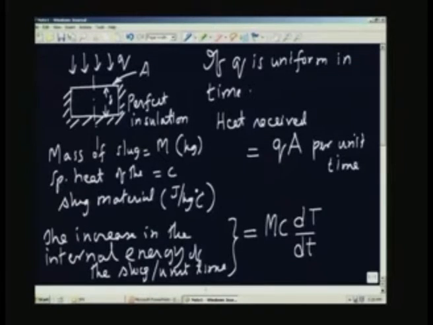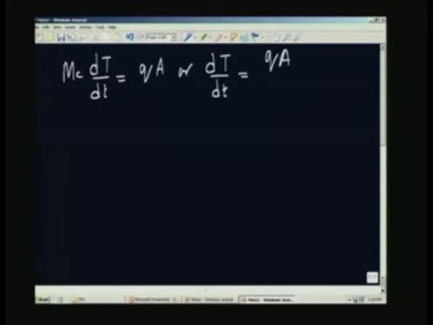Of course, these two assumptions are not going to be perfectly valid, and therefore, we may have to apply a small correction later on. So, all we have to do is to now equate the two. So, mC dT by dt must be equal to QA, or dT by dt equal to QA by mC.